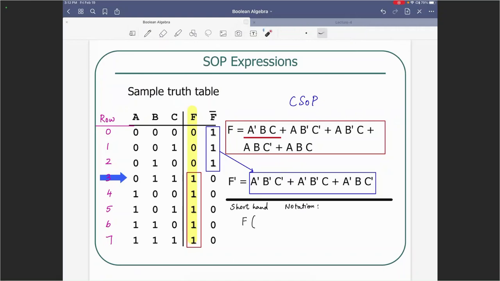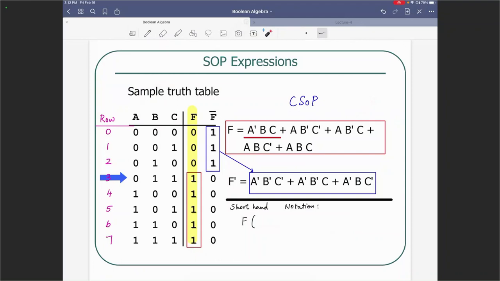Does it have to be that way? No. You could have moved C here, you could have moved A here, you could have moved B here. But if you change the order of the inputs, all the entries in the output columns also need to be adjusted. The function doesn't change, but the shorthand notation might change when you change the order of the inputs.